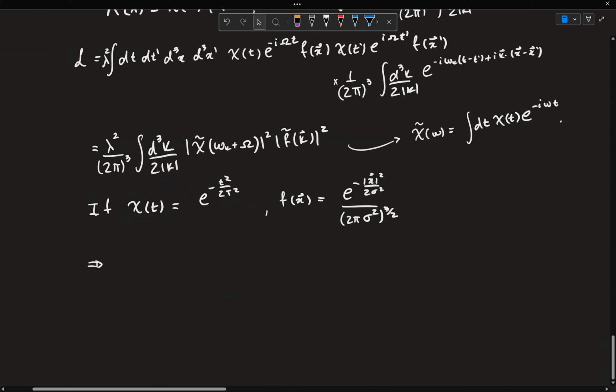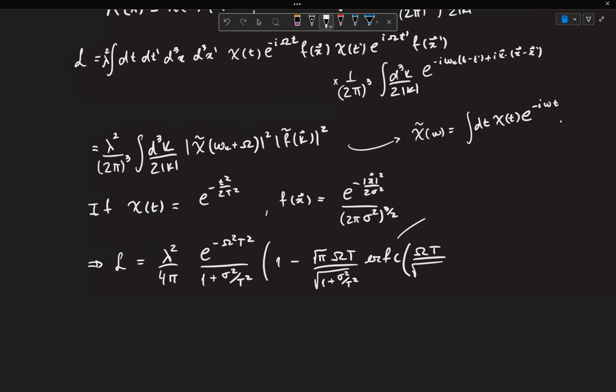That multiplies e to the minus omega squared T squared divided by 1 plus sigma squared over T squared, times 1 minus root pi omega T over root of 1 plus sigma squared over T squared, times the complementary error function of omega T over root of 1 plus sigma squared over T squared. Complementary error function, this is 1 minus the error function.